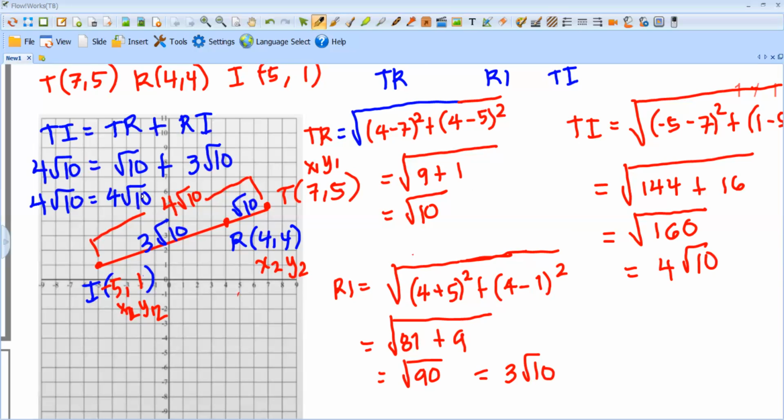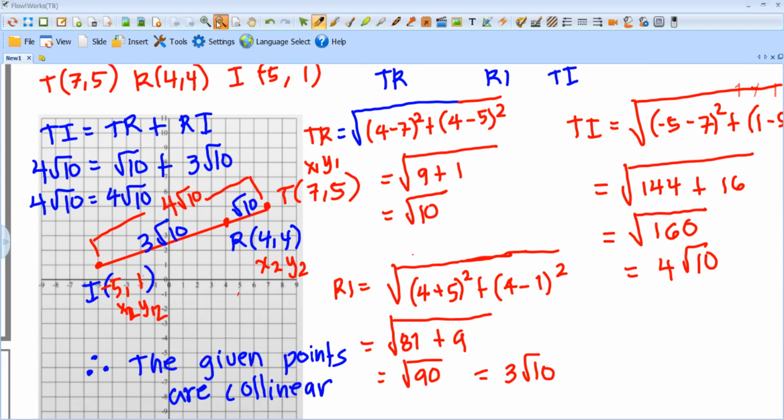Therefore, TR, RI, and TI are the points given. Therefore, the given points are collinear. Clear? The given points are collinear.